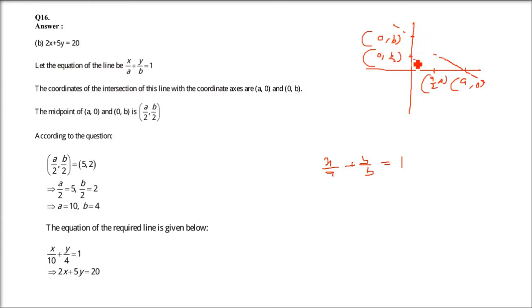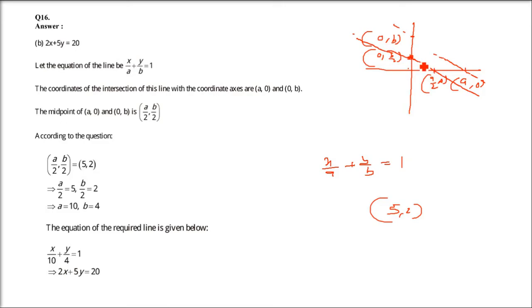So don't worry about 0 and 0. This point, which is any point which is representing 0, b by 2 and a by 2, 0, is 5 and 2. So 5 and 2 is basically a by 2 and b by 2, as categorically mentioned in the question. So we have a point here which is bisecting the intercepts.